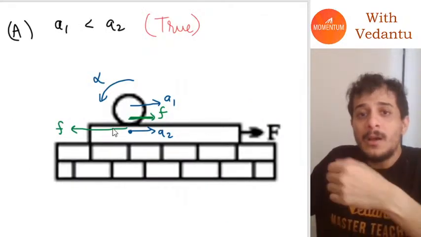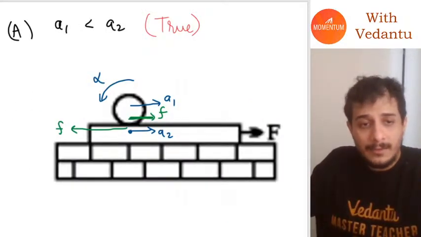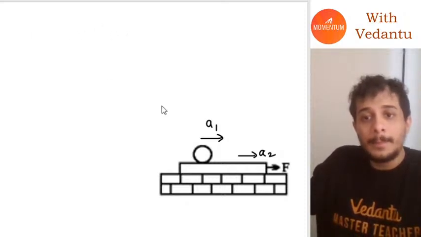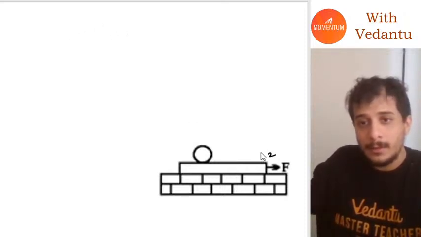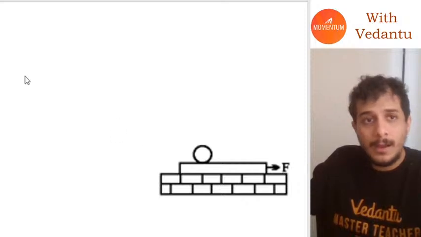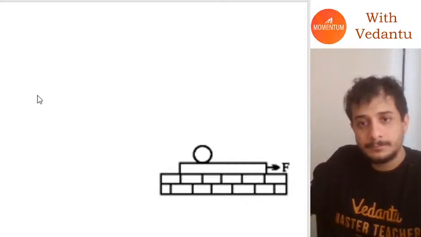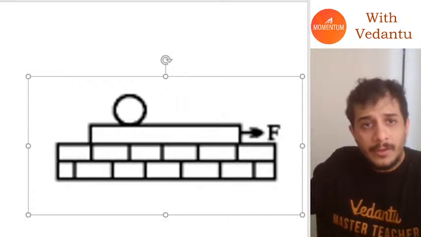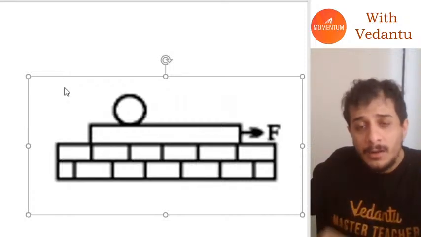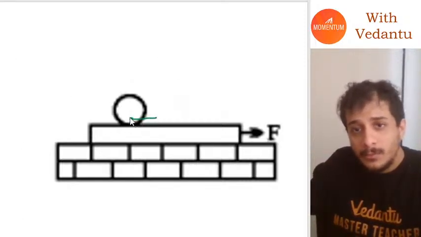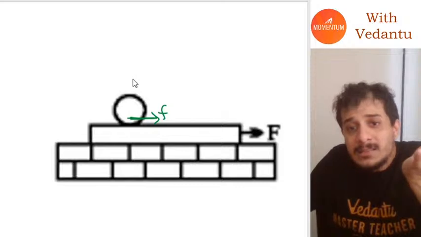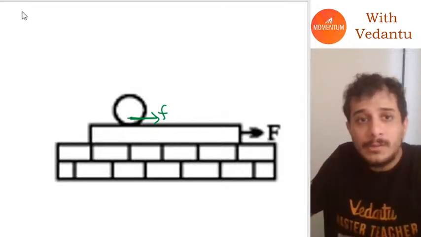Now, for the second statement, let me make this diagram bigger once again. On this sphere, there is only one force in the horizontal direction which is going to do some work, that is the frictional force. This is the force because of which the sphere will start moving.